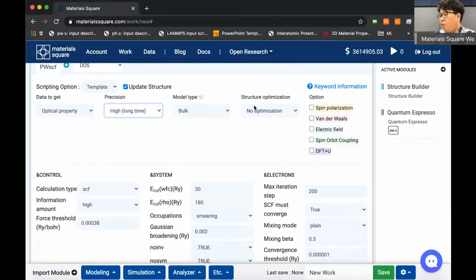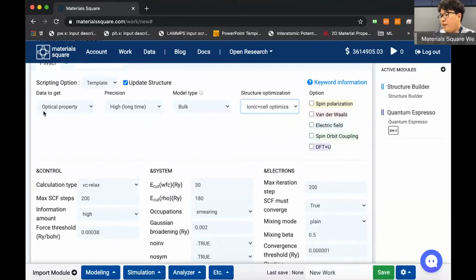And for the optimization, ionic optimization means only the ions are optimized. Today I want to optimize ionic and cell together, so I'm going to select ionic plus cell optimization.